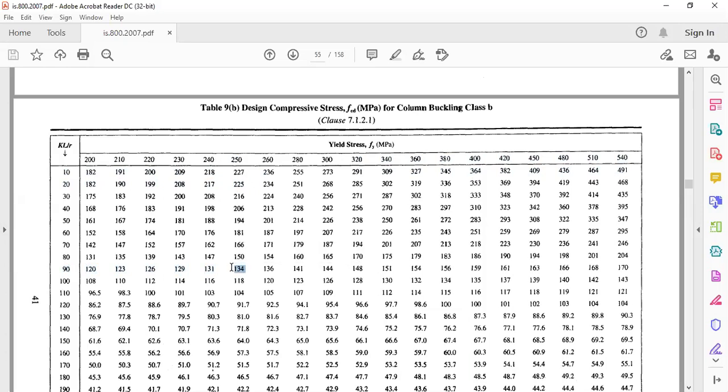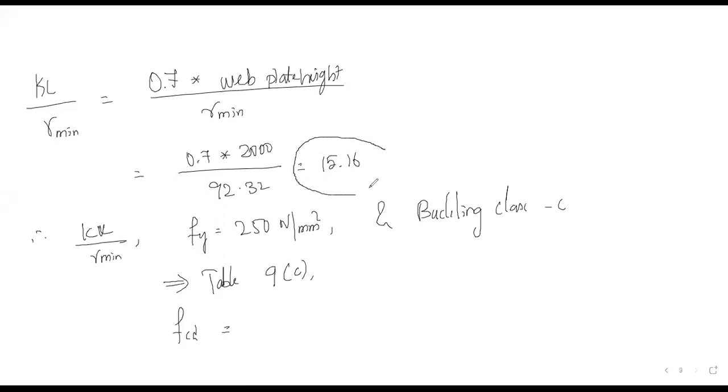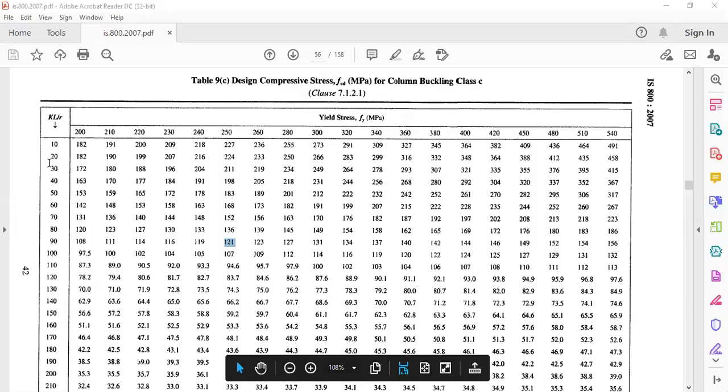FCD for buckling class C, KL by r minimum is 15.16.